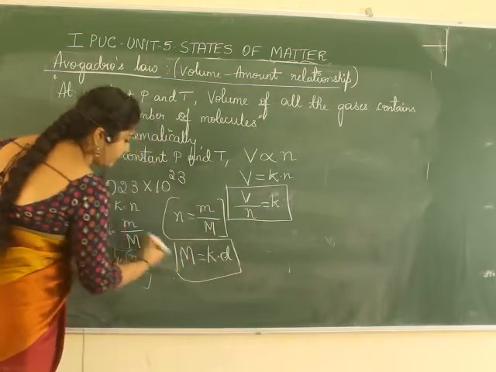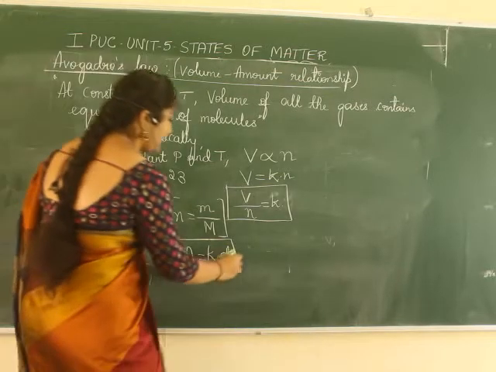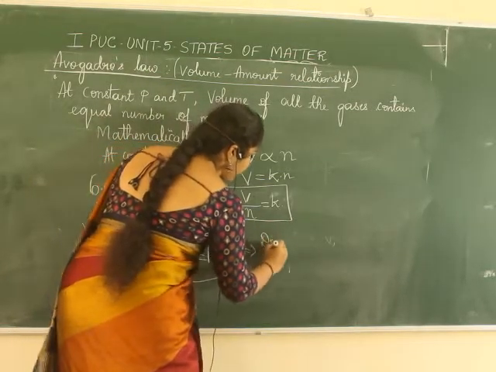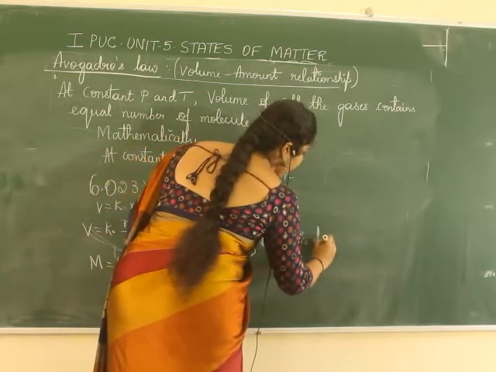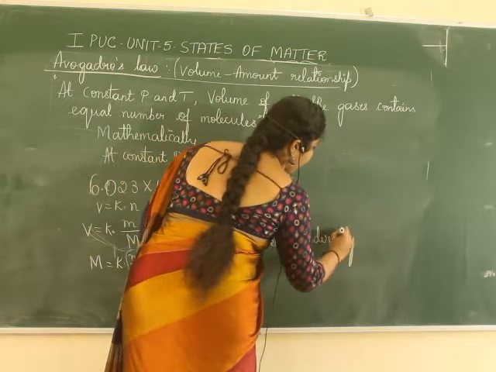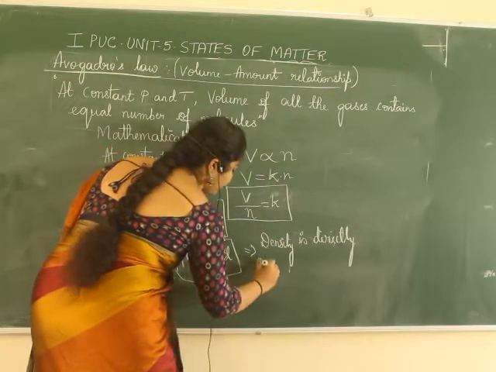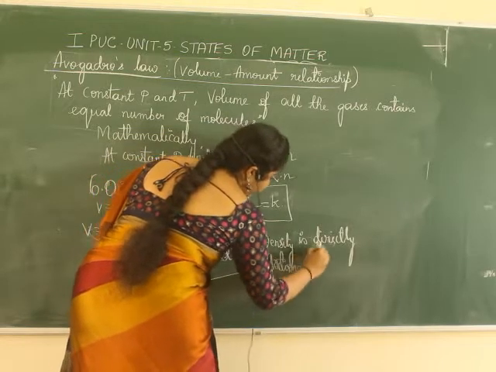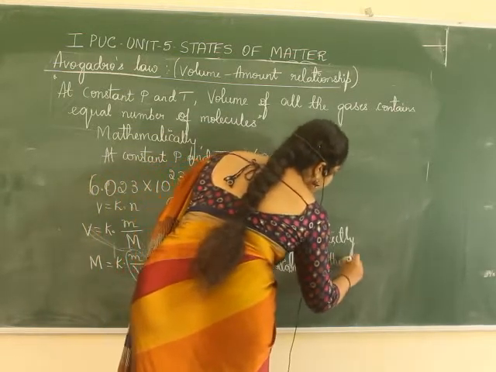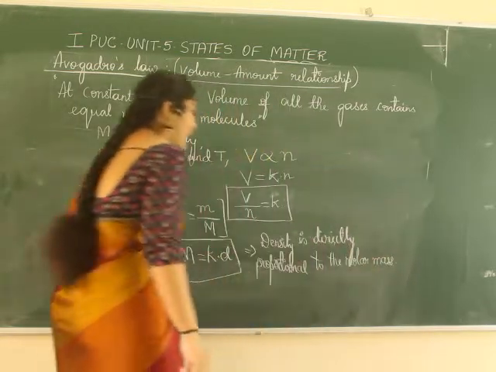What does it mean? What is M? M means molar mass. So that implies density of gas is directly proportional to the molar mass.